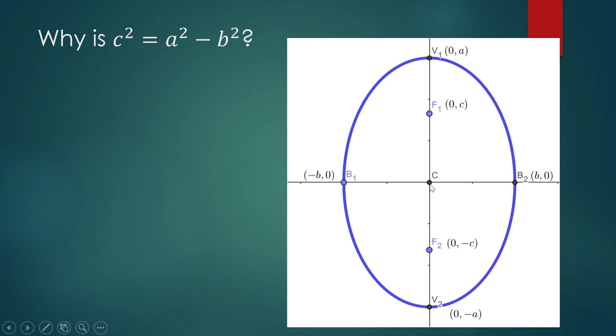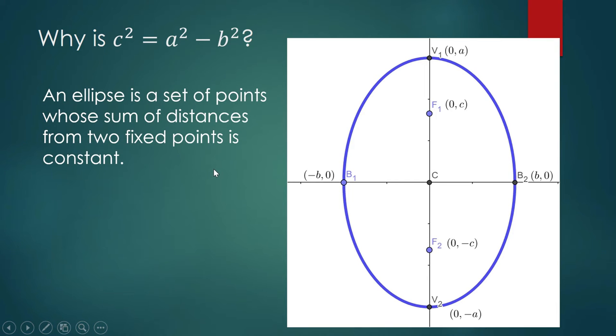So this is the center, (0, 0), V1 and V2 are the vertices, and capital B1 and B2 are the endpoints of your minor axis. From V1 to V2, it's 2a. The length of your minor axis is 2b. And the distance from the center to one focus is c. So that is where c, a, and b will come in.